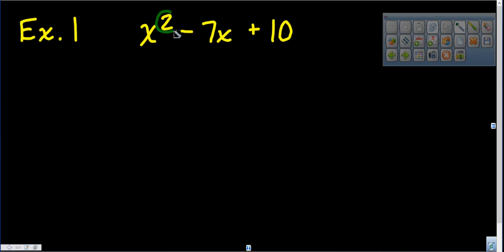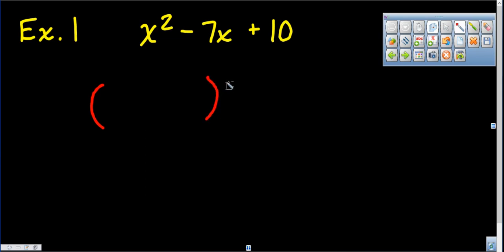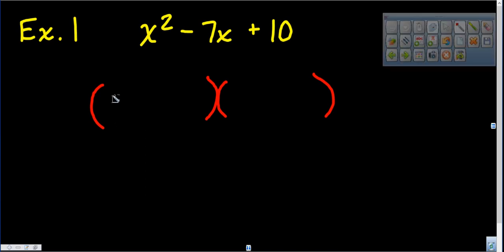We have a quadratic trinomial. And because I'm factoring a quadratic trinomial, I expect the answer to be 2 linear binomials multiplied together. Linear means first degree. So we're going to start by figuring out how could I multiply to get x squared.